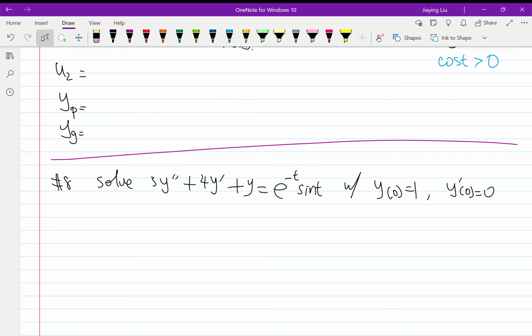So the first thing we're going to do is find the homogeneous solution. We take the homogeneous equation. The homogeneous solution is going to be C1 e to the negative 1 over 3 t plus C2 e to the negative t.